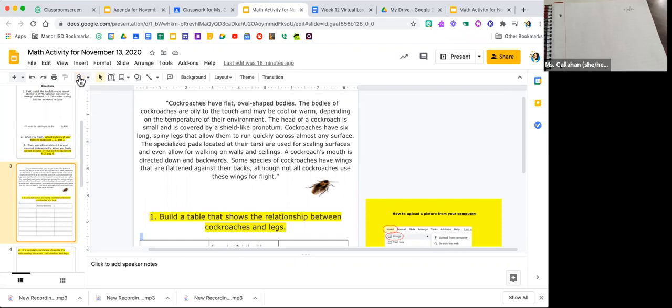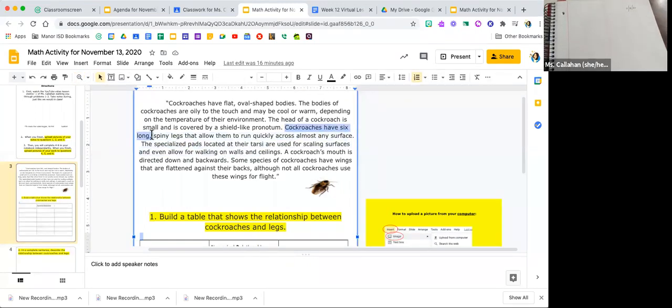I remember reading right here, it says cockroaches have 6 long spiny legs. So I know that for my input of 1 cockroach, there are 6 spiny legs. I'm going to put that in my brain and I'm about to use it.